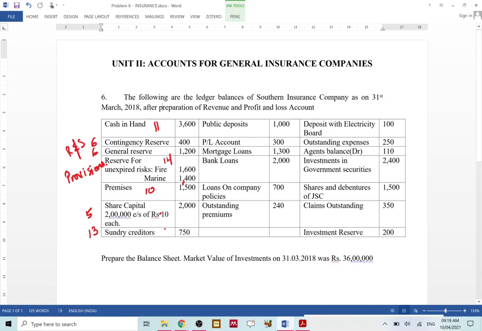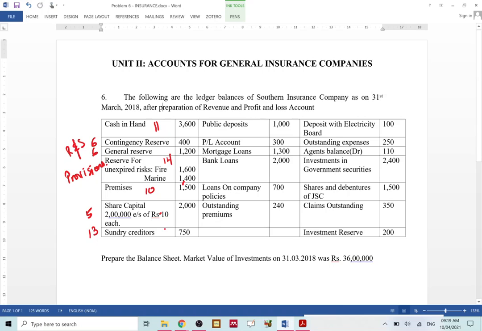You have public deposits. Now, when we normally used to look at banking accounts, deposits would be a sort of a liability, right? People gave us the money and we deposited it, maintained it in the form of deposits. In this case, public deposits mean some borrowing from the public. It's just like you issue shares to the public and you borrow capital. Same way, you give the scheme to the public of something called public deposits.